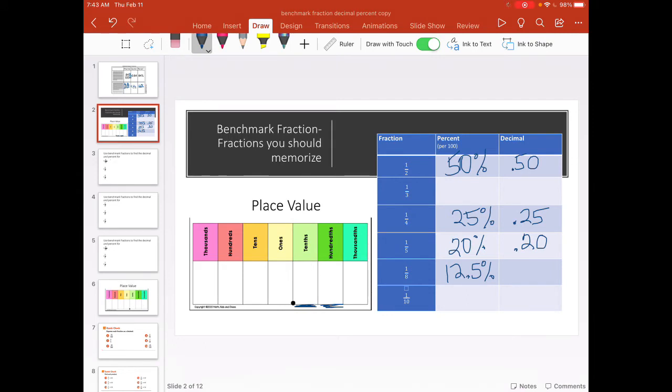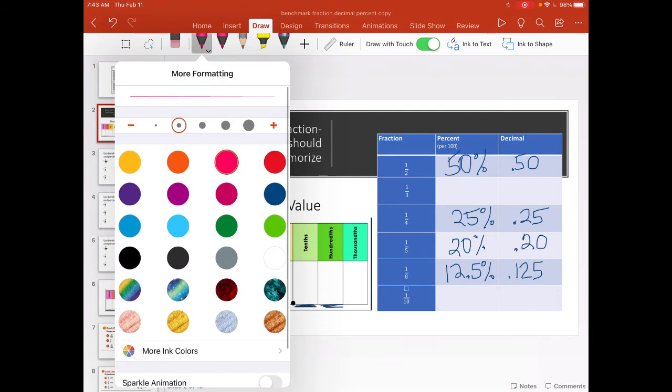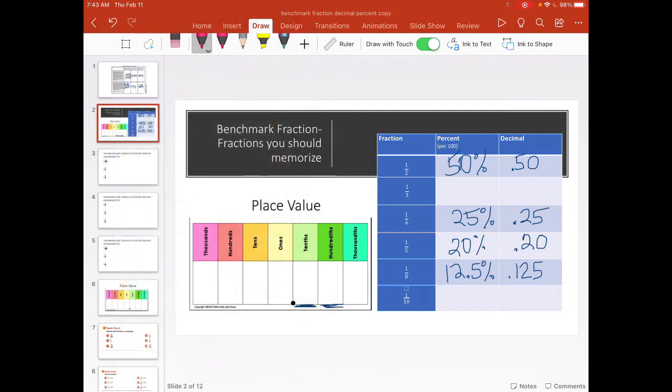And then if I change that into a decimal, we are going to say 125, because I moved that decimal 2 places to the left. 1, 2. So all 3 of those move over, and it's 125 thousandths as a decimal. And then the last one, before we go back up to the thirds, is a tenth.